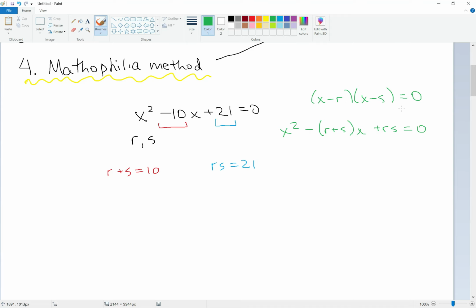So the majority of this proof is pretty much just manipulating these red and blue equations until we get something that isolates r and s so we can find r and s on their own. So let's start by squaring this red equation to get r squared plus 2rs plus s squared equals 100. And now let's multiply this blue equation by 4 to get 4rs is equal to 84.